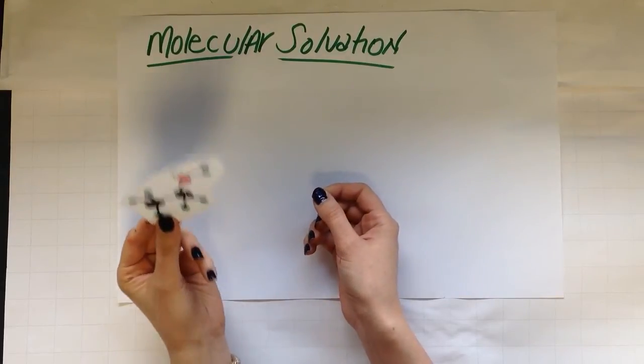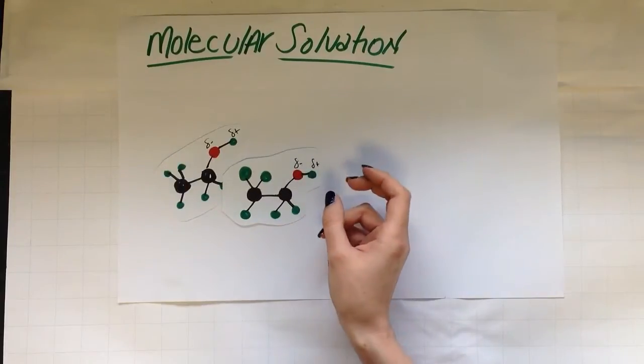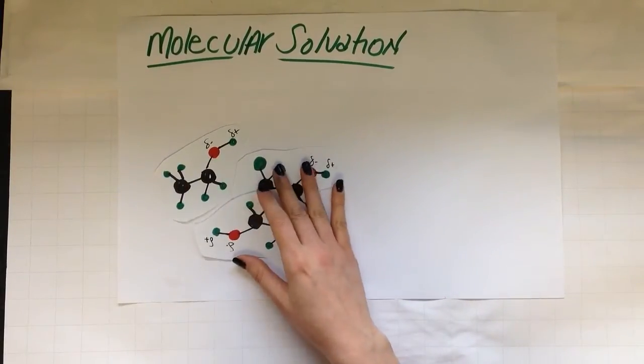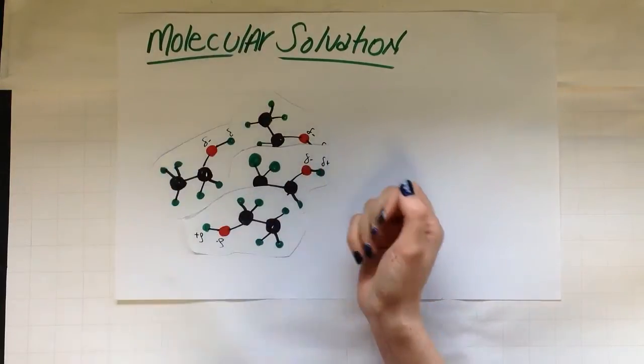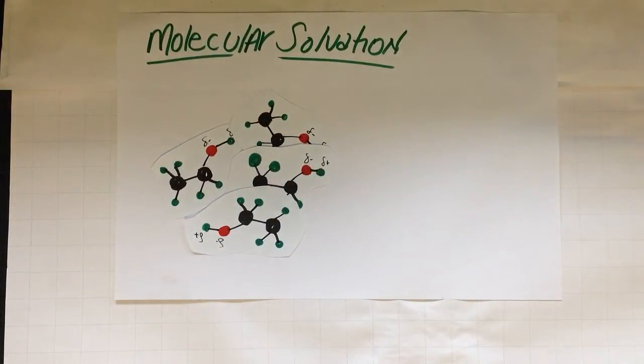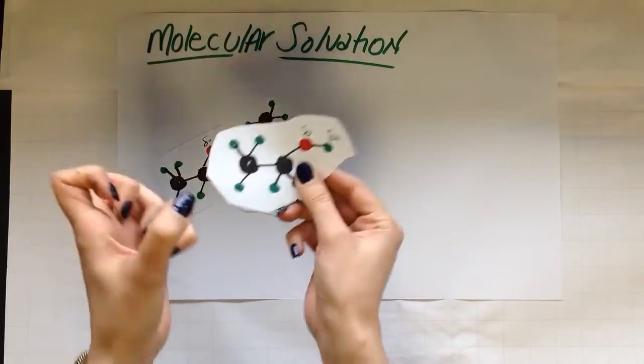Here's another one, a third one, a fourth one. We'll pretend this is a clump of sugar, and even one little grain of sugar has millions of these. Instead of coming apart, this entire compound stays intact.